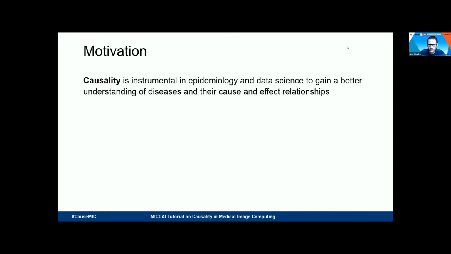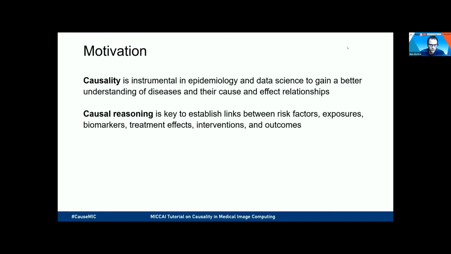Whenever you try to gain a better understanding of diseases and the cause and effect relationship of disease and pathology, we are really interested in the causal relationships. We want to understand how things happen, what the mechanisms of disease are, and why certain people get sick and others don't. Causal reasoning is key to establish links between risk factors, exposures, biomarkers, treatment effects, interventions, and outcomes.